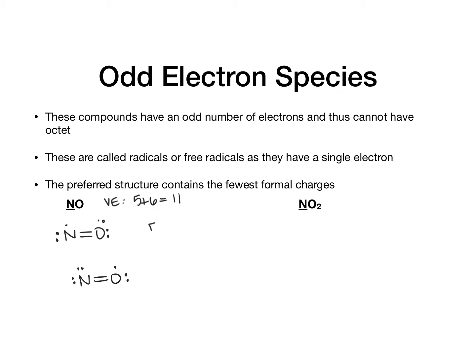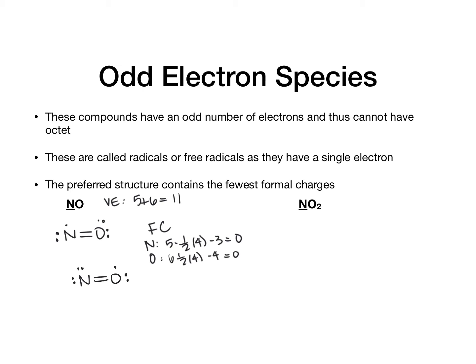So let's look at the formal charge. If we look at the molecule, we're going to start with the nitrogen for the top compound or the bottom compound. So nitrogen in this case is 5 minus half of 4 minus 3, and that gives me 0. For oxygen, it is 6 minus half of 4 minus 4, also 0.